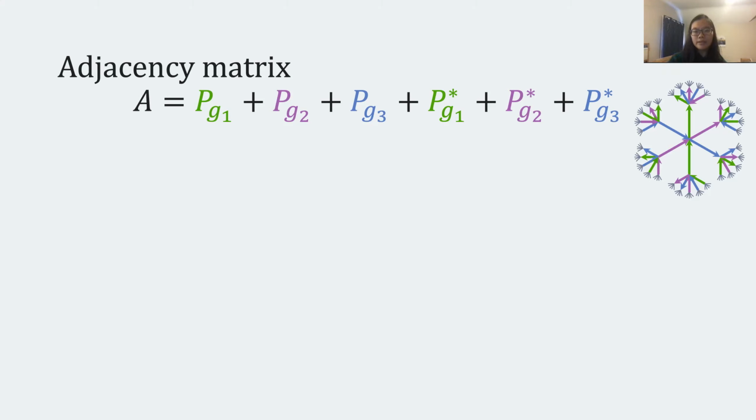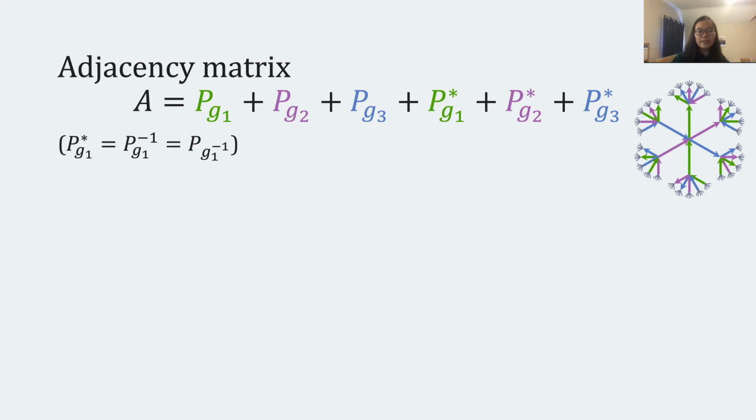And then when you take the green, blue, and purple permutations and sum up the permutation matrices that represent the generators, this is going to give you an adjacency matrix, and that's the adjacency matrix of the infinite 6-regular tree. For these permutation matrices, just note that the adjoint of the permutation matrix is equal to the inverse, which is also equal to the permutation matrix of the inverse generator. So that's why I'm adding in the adjoints of the permutation matrices as well.